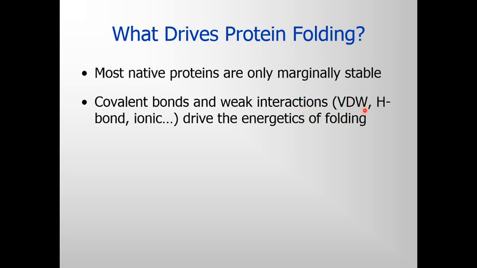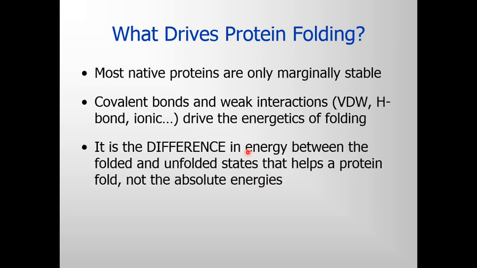The van der Waals interaction, hydrogen bond interactions, ionic interactions, hydrophobic interactions, etc. Now, it is a difference in energy between the folded and unfolded states that help a protein fold, not the absolute energies. Like I said, a specific native conformation of a protein is the most energetically favorable conformation.